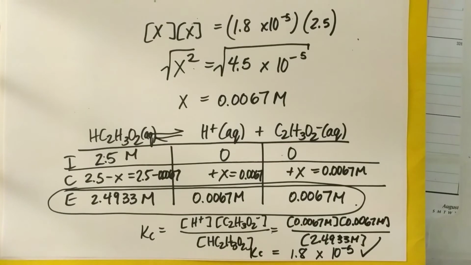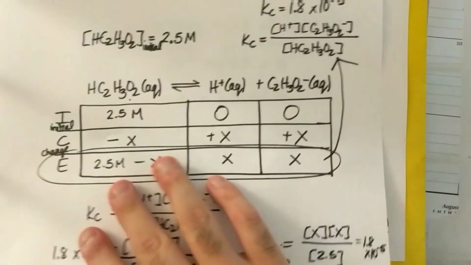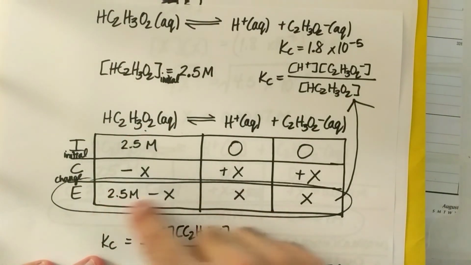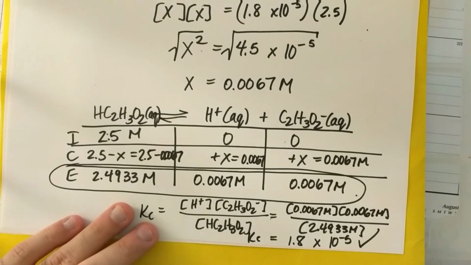Okay, so this is how we use a given Kc value and an initial concentration to solve for equilibrium concentrations.